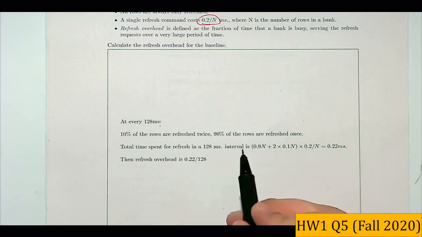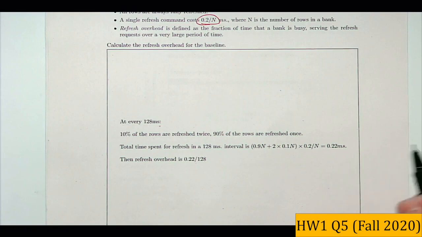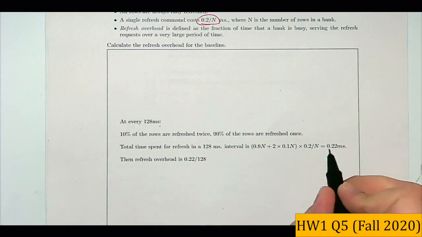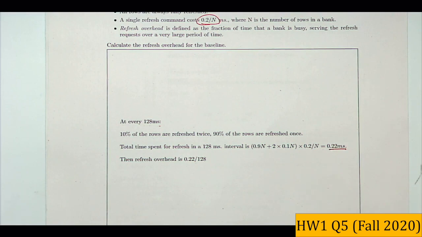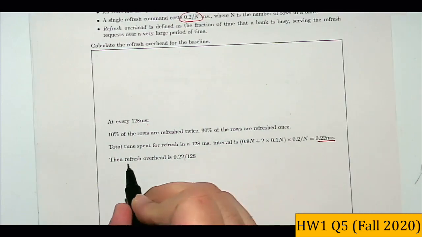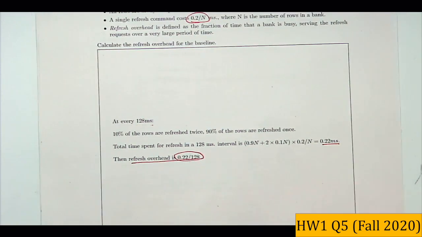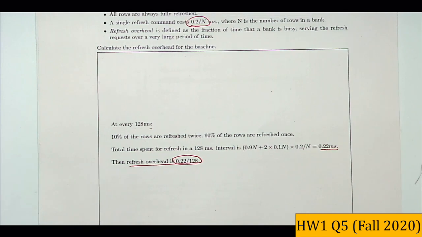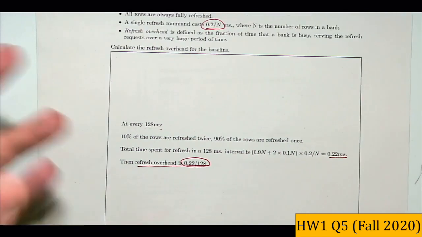When we add up their costs, we see that the bank is occupied for 0.22 milliseconds for every refresh. And this happens every 128 milliseconds, so the refresh overhead is this number here, okay? So this was our baseline and the answer to this question.